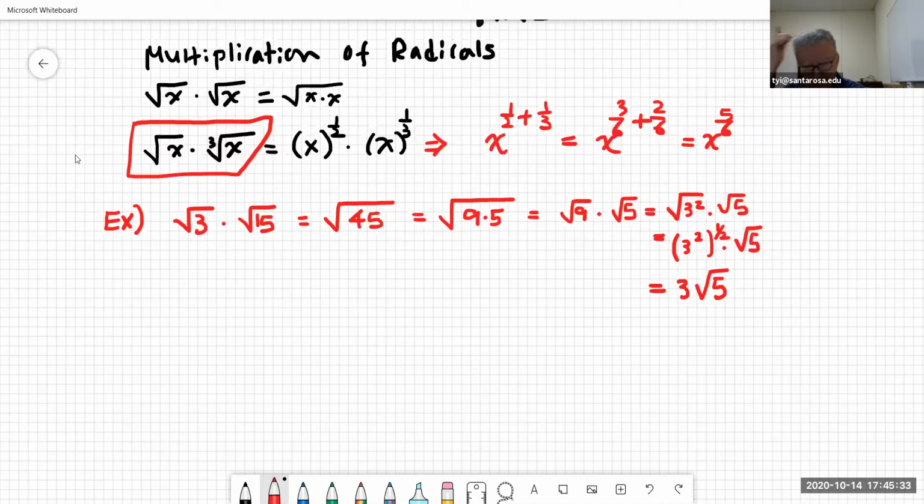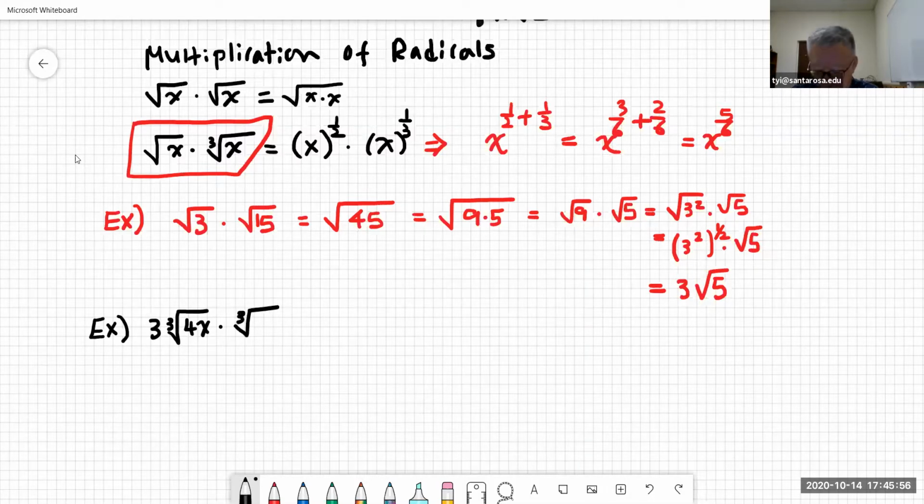Now, let's look at another example that involves a little bit more. This time I have 3 cube root of 4x times the cube root of 2x to the 4th.